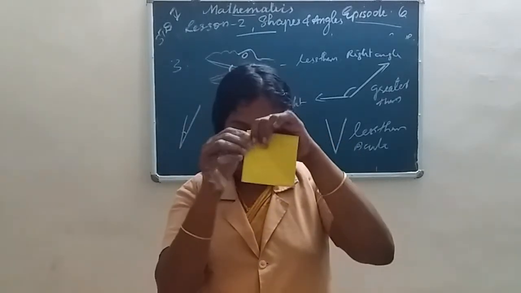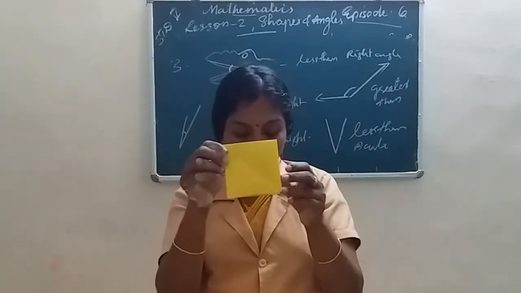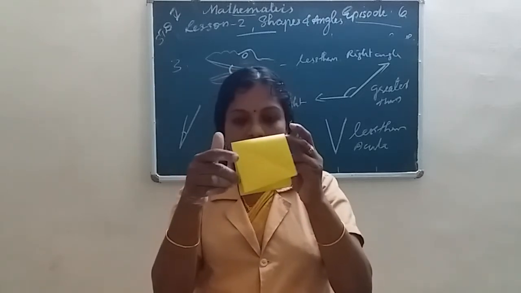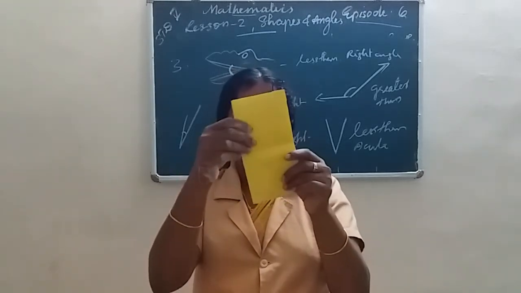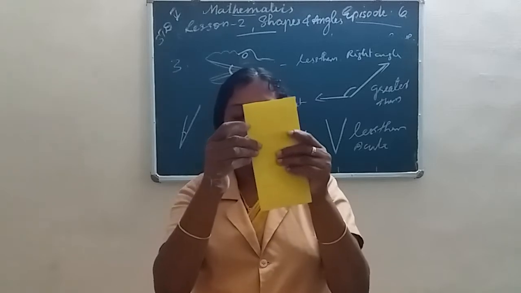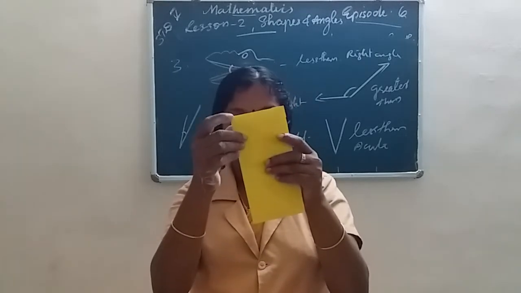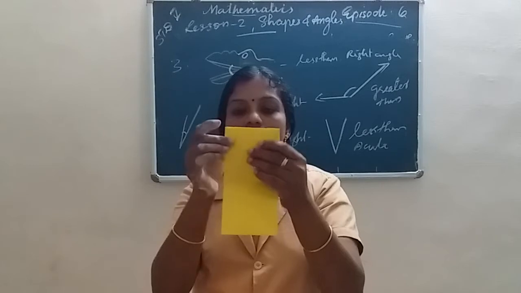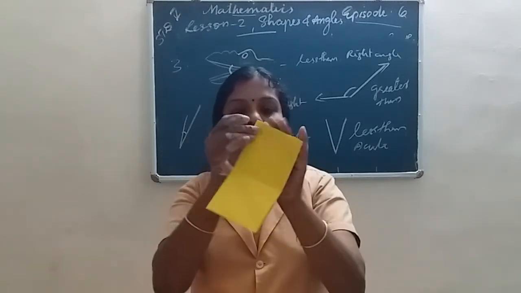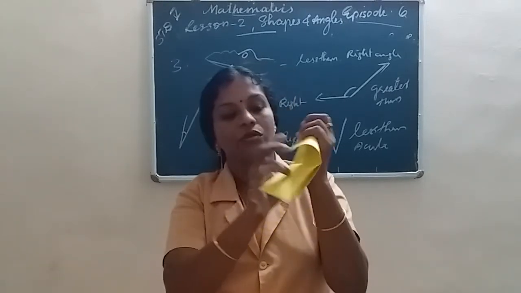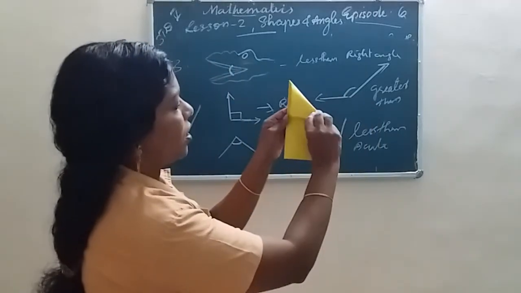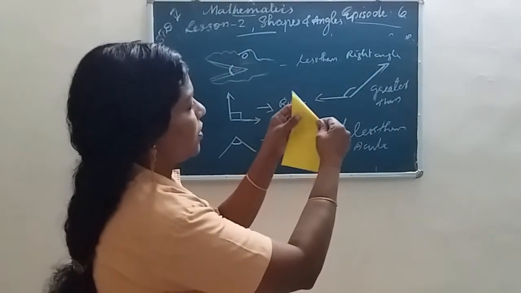Fold it. Again you open the last fold. Last we fold this one. Okay. Then this side, take this. You want to fold from this corner to the base, this side, this way.